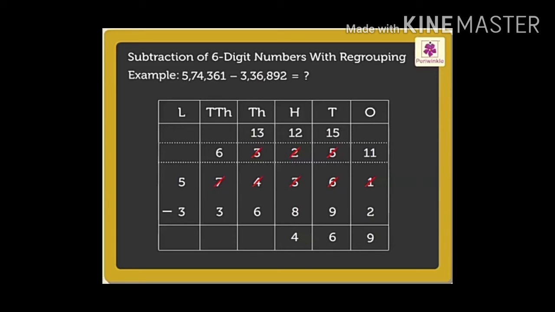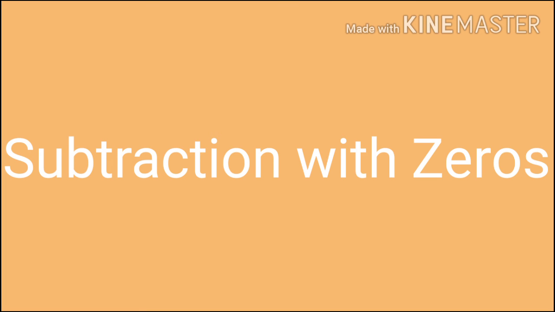So now 13 minus 6. What is the answer? Yes, 7. Next 6 minus 3. You get 3 itself because 6 minus 3 can be subtracted. So 5 minus 3, finally 2. So finally you get the answer.